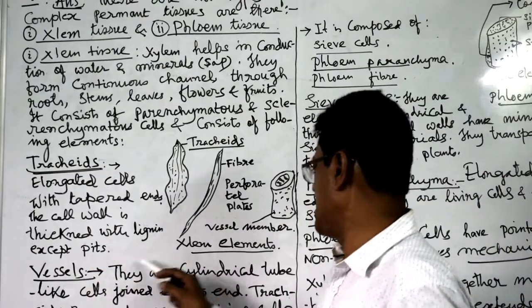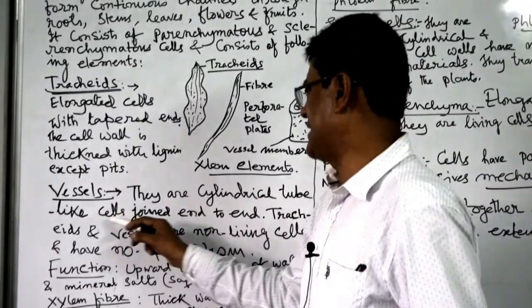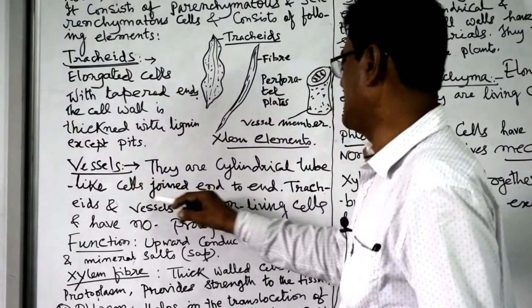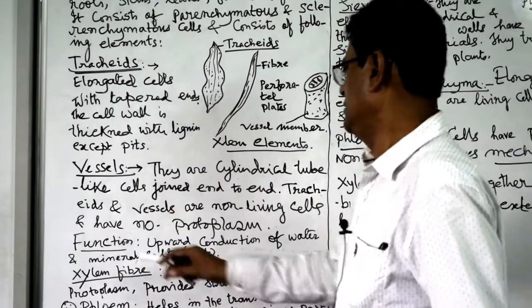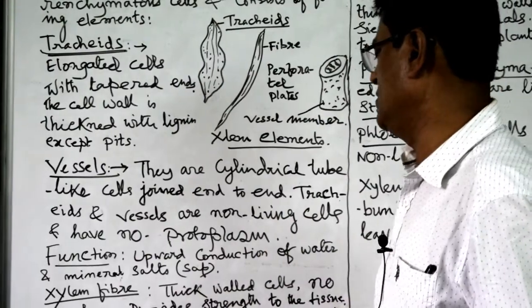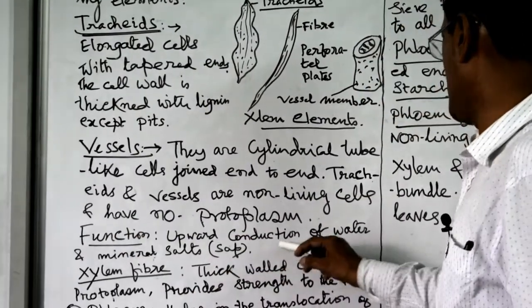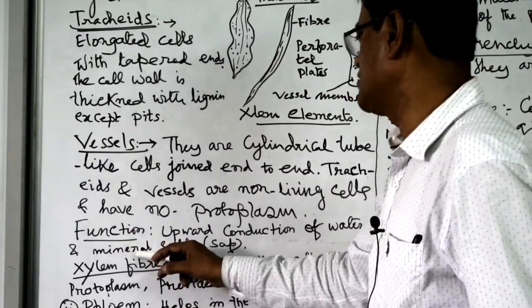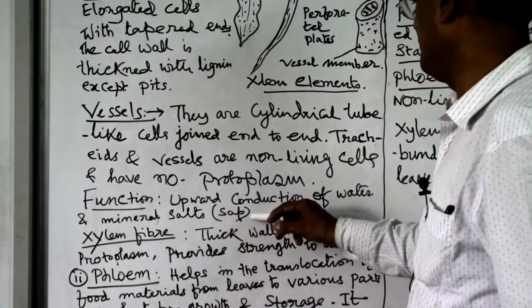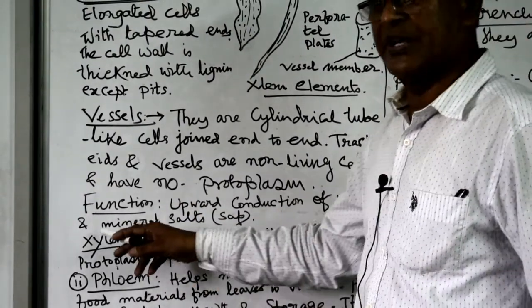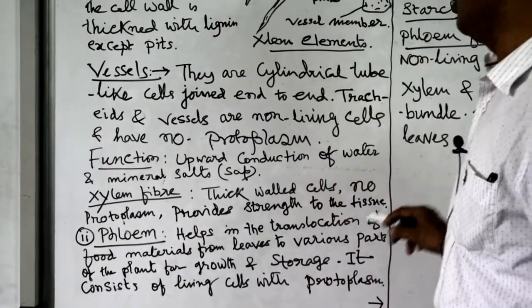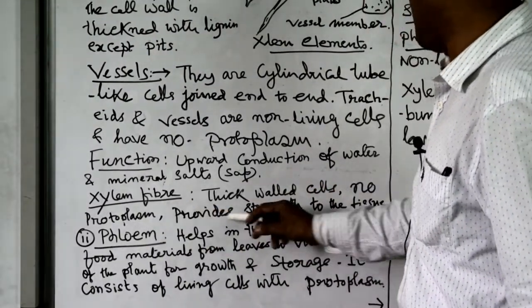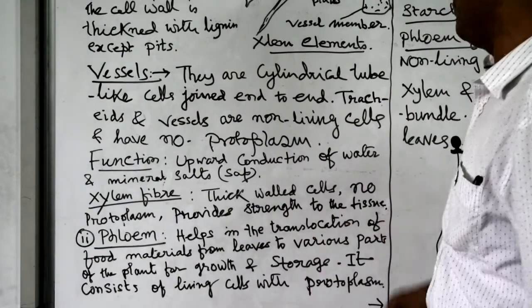The vessels are cylindrical tube-like cells joined into one another. Tracheids have no protoplasm. Function: upward conduction of water and mineral salts, that is the sap. Now we come to xylem fiber. These are thick-walled cells with no protoplasm, and they provide strength to the tissue.